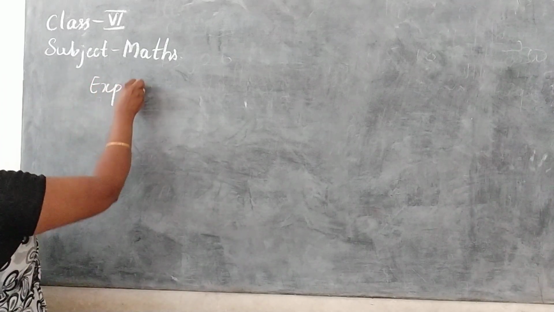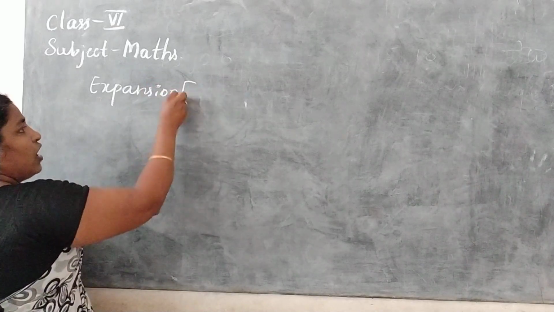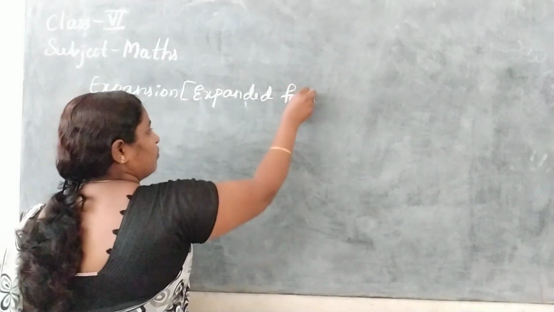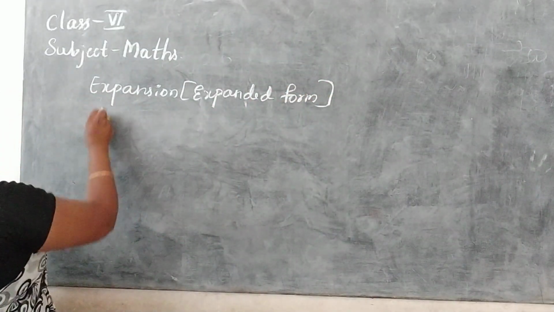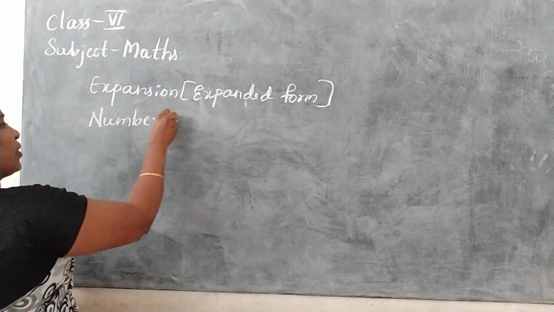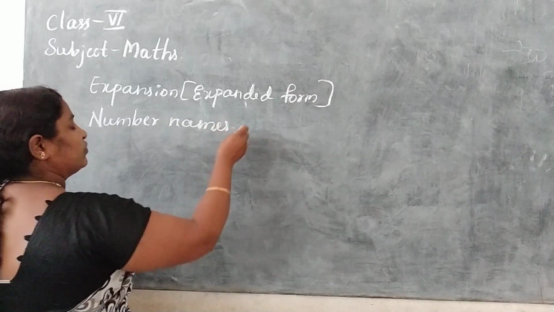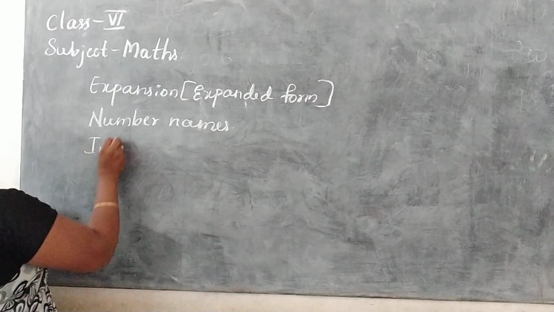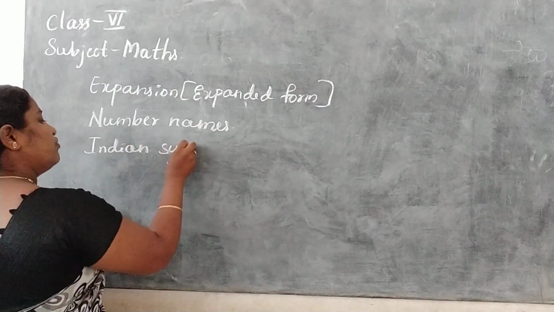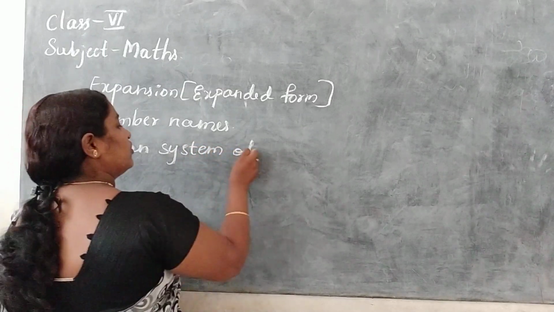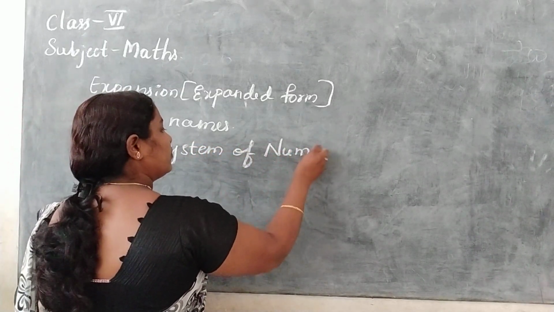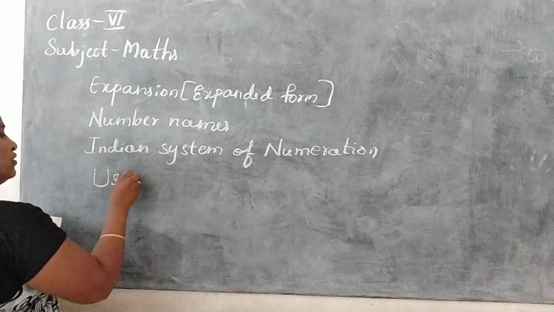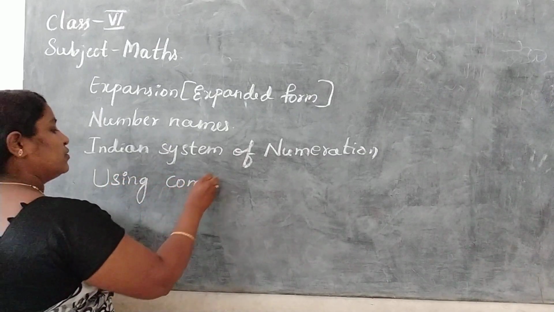First one is expansion or expanded form, then writing number names, and then Indian system of numeration and using commas.